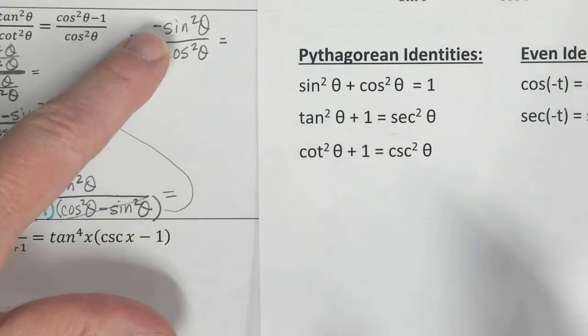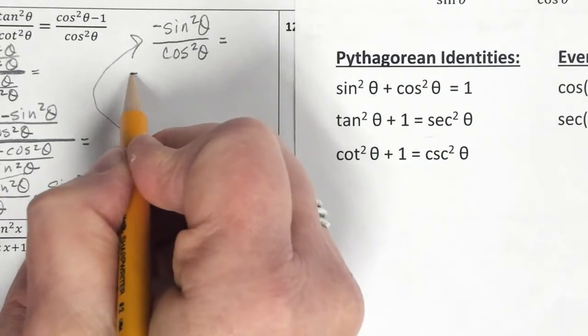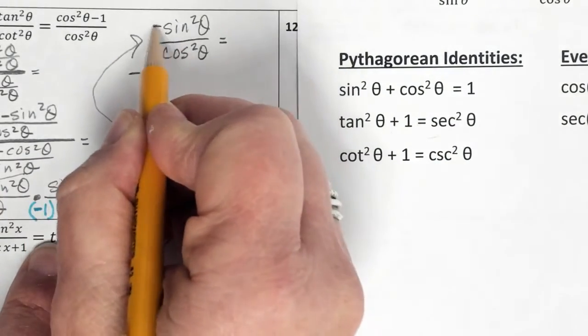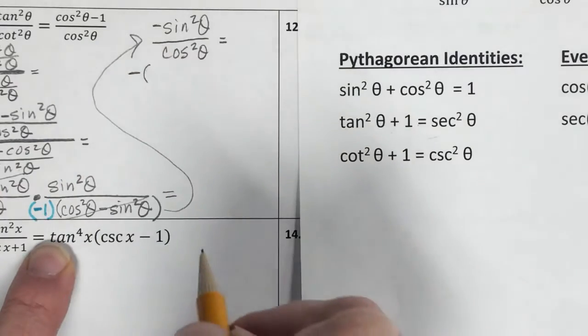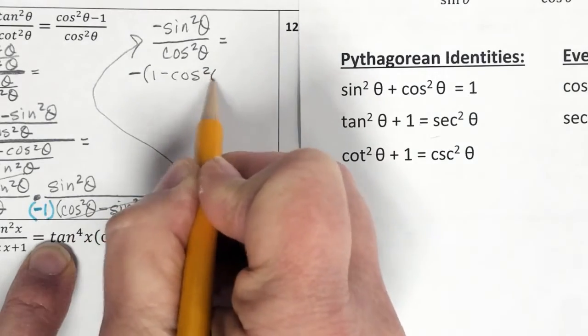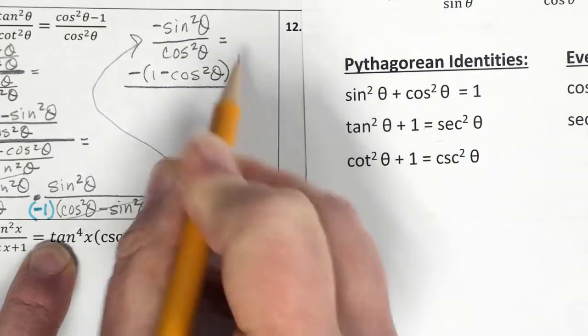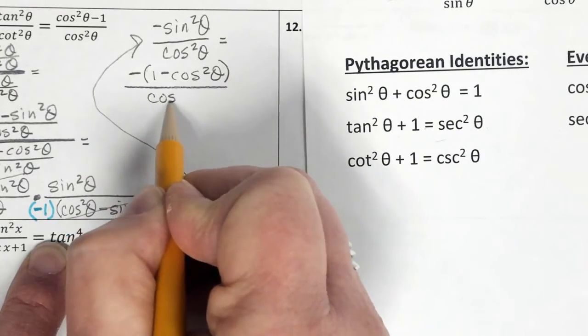So we're going to make that substitution right now. Instead of negative sine squared, we're going to say negative 1 minus cosine squared. Show me that you're making that substitution with that Pythagorean identity.